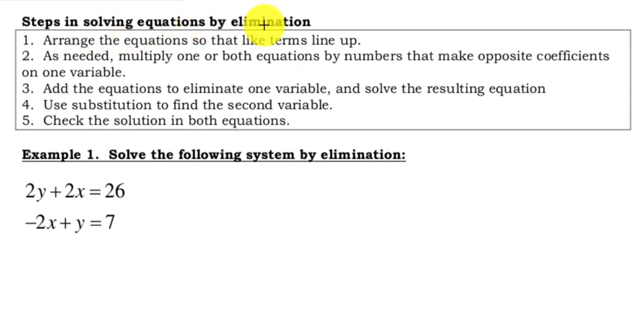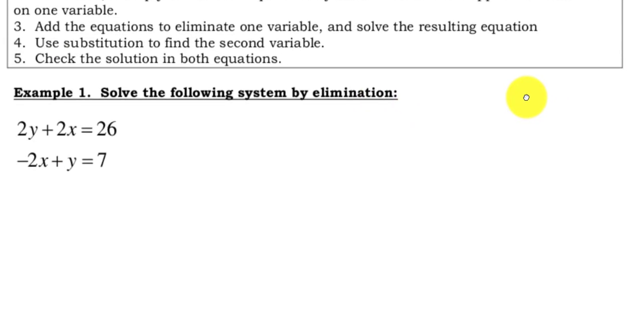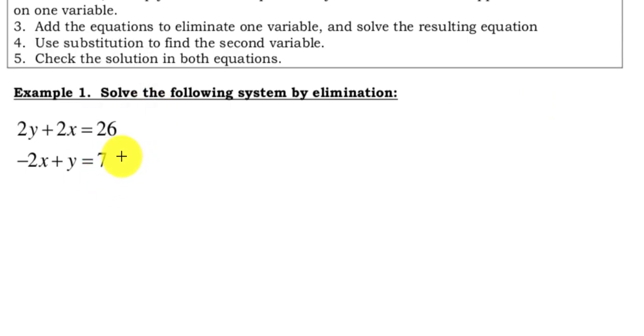Steps in solving equations by elimination. Step 1, arrange the equations so like terms line up. That means the x's should be over the x's and the y's should be over the y's. So to do that, I have to make a little tweak here. Let's just move this up a little bit. All right, so my tweak will be on this bottom equation.